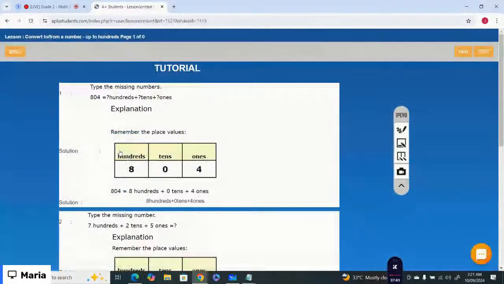Just remember the place value. The rightmost digit is at the ones position, the next on the left is tens, and then you have hundreds. So in 804, 8 is at the hundreds position, 0 is at the tens position and 4 is at the ones position. That is 8 hundreds plus 0 tens plus 4 ones. Got it?